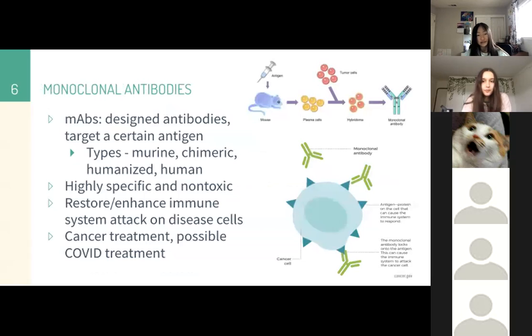And then we went more in depth into monoclonal antibodies. These are designed antibodies that target a certain antigen, and there are four types: murine, chimeric, humanized, and human. It's basically varying levels of mouse versus human proteins. Monoclonal antibodies are highly specific and non-toxic because antibodies are found in your body naturally, and they can target certain antigens if you design them in a specific way.